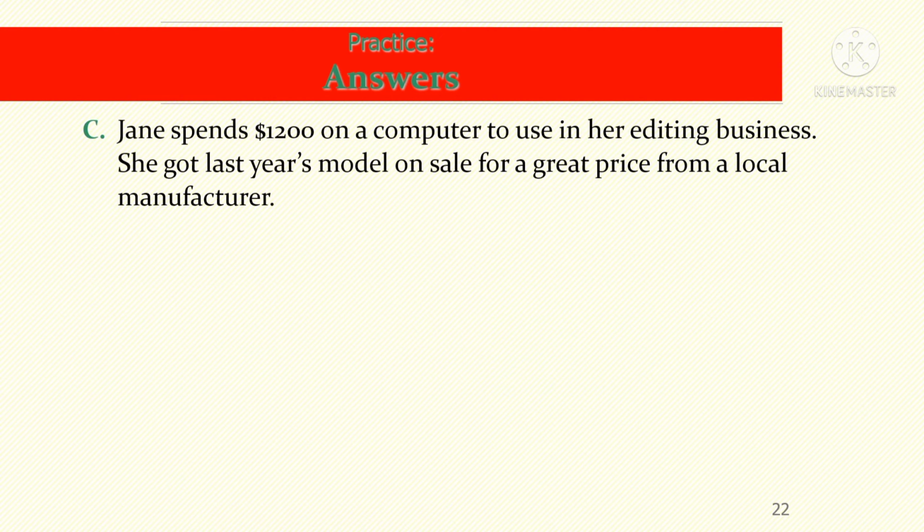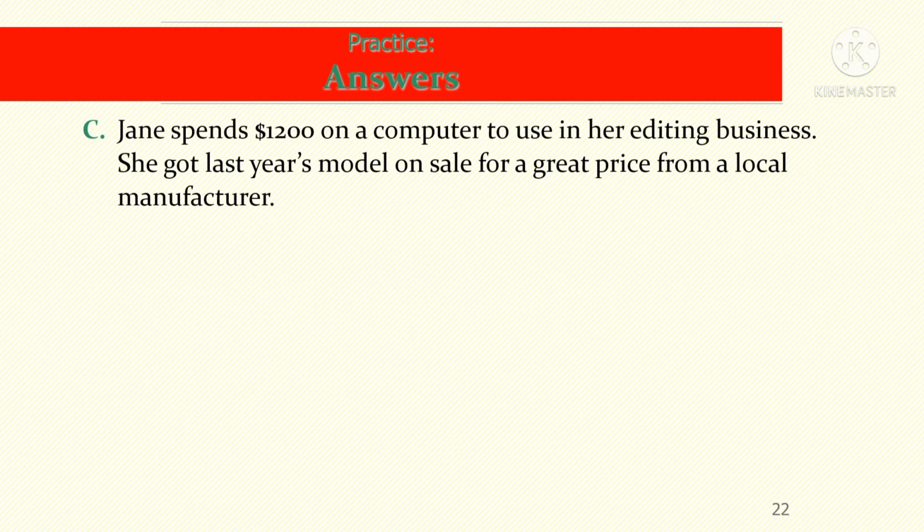Next, Jane spends $1,200 on a computer to use in her editing business. She got last year's model on sale for a great price from a local manufacturer. So, meron ding business si Jane. So, it is part of investment.